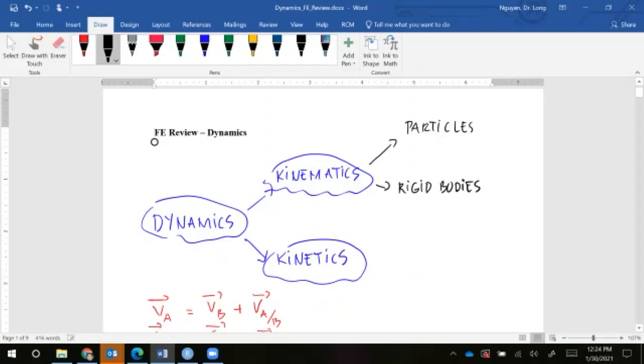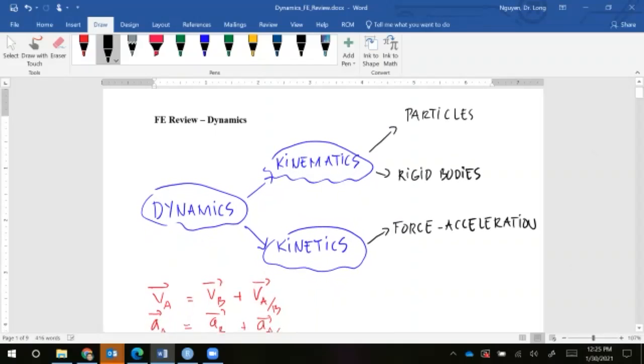And for the kinetics, we have the 3 methods to solve. The first one is force acceleration. When we have a problem at one instant and it mentions acceleration, so we want to find out the force or acceleration at one given instant, then we'll use the force acceleration method.